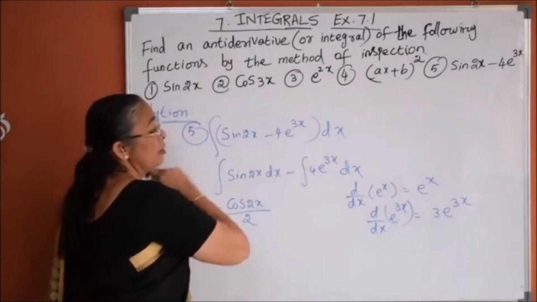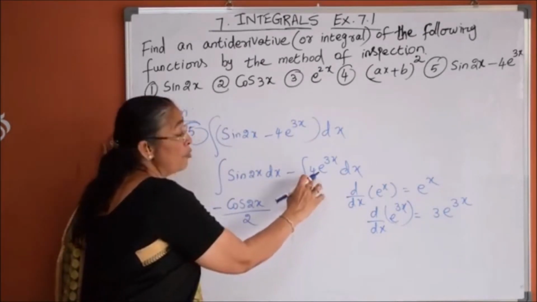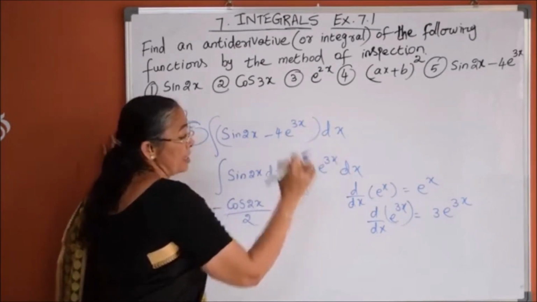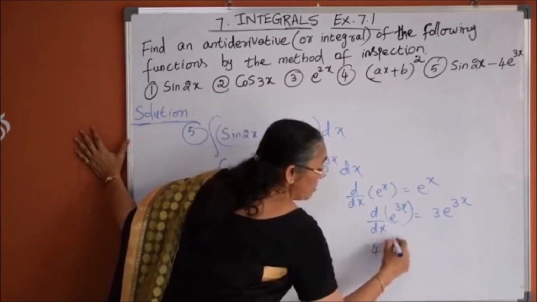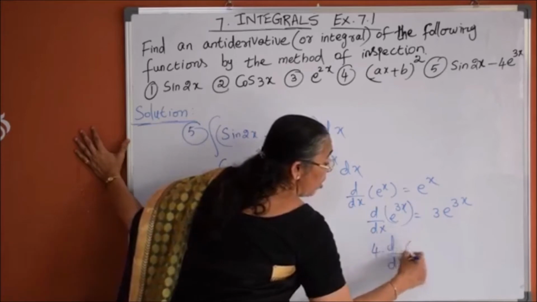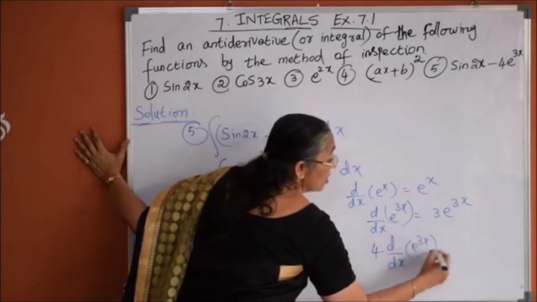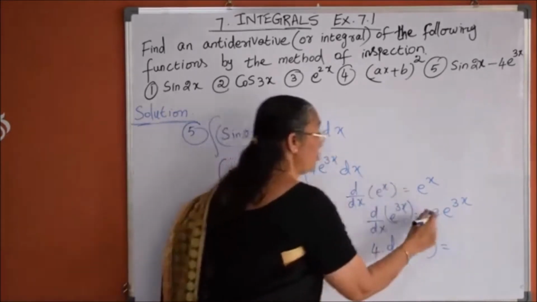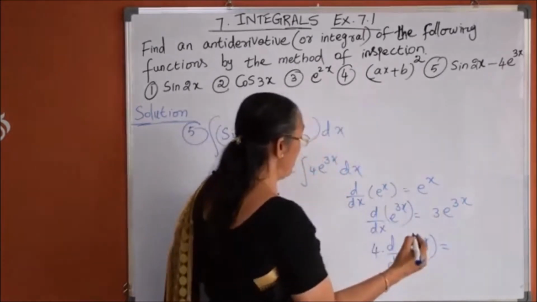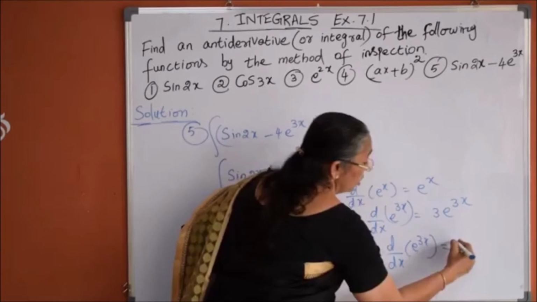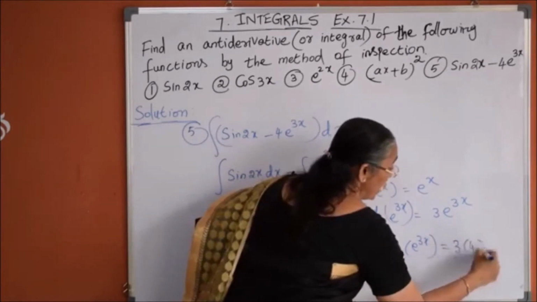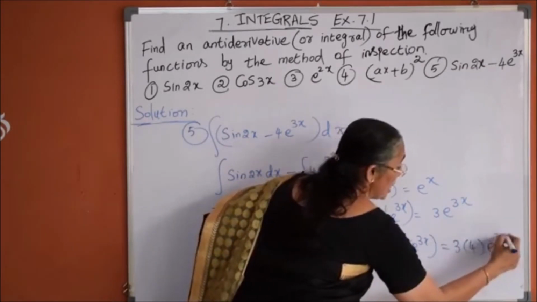Now, again we need the antiderivative of 4 into e power 3x. So, multiplying throughout by 4, 4 times d by dx of e to the power of 3x is equal to 3 into 4 times e power 3x.